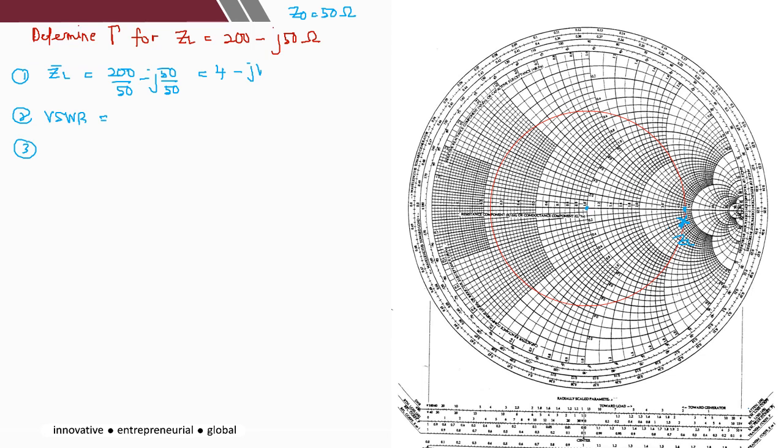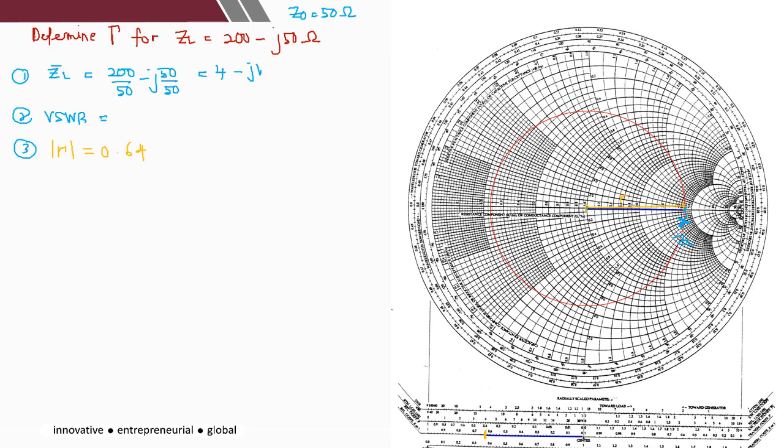Use a ruler to measure the radius R from the center. Next, bring the same R to the scale of reflection coefficient and read the R value. It's 0.64. So your magnitude of reflection coefficient is equal to 0.64.